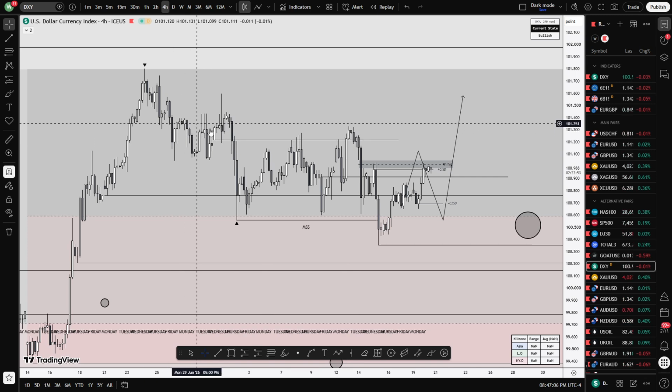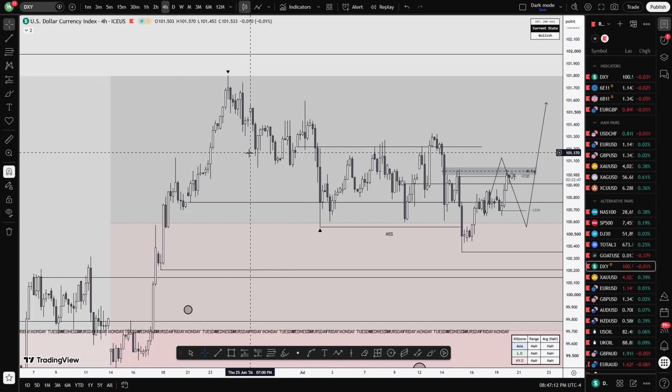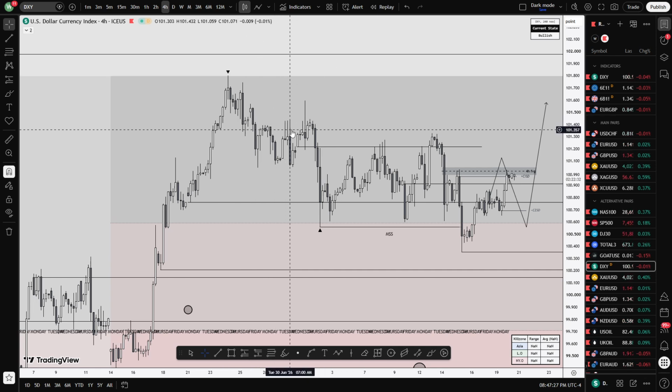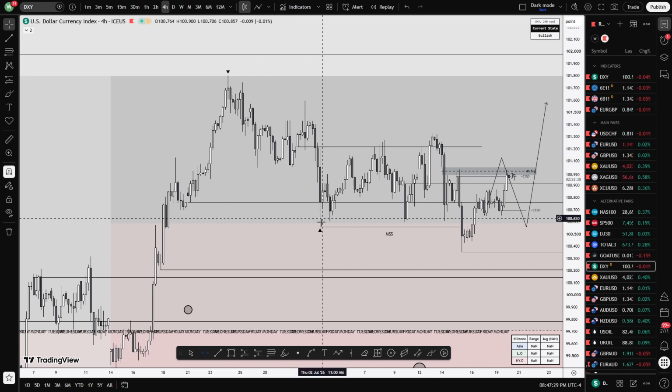Okay, so let's use this place as an example, right? We had price trading lower, right? Price swept liquidity, dumped, then came all the way to sweep again before breaking lower, right?